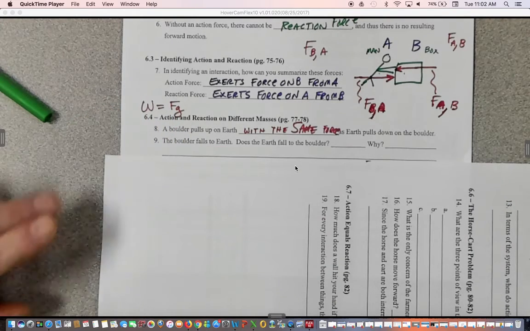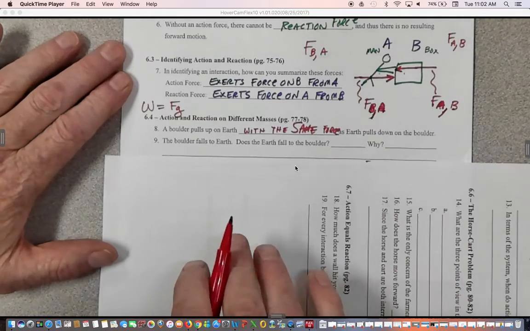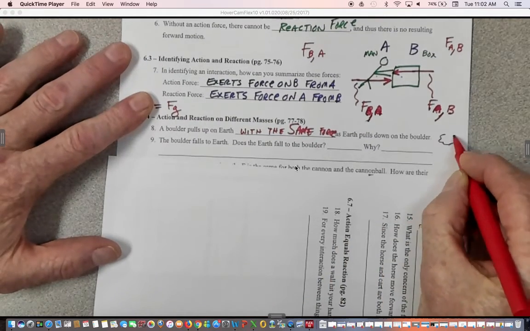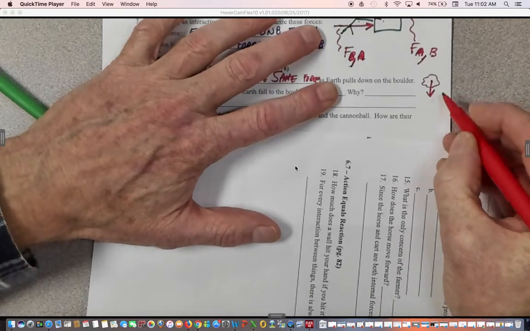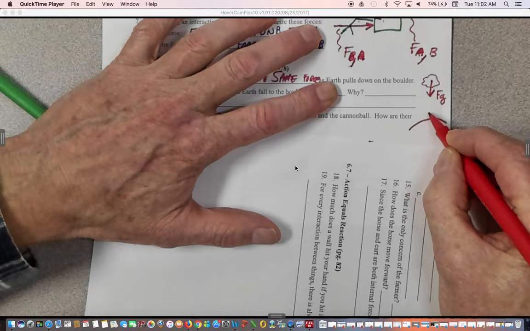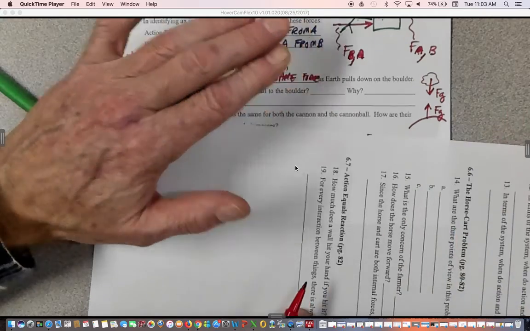It turns out that when you have a rock and you let go of it, you get pulled down with a force of gravity, and let's say this is the Earth, it is pulled back with a force of gravity.